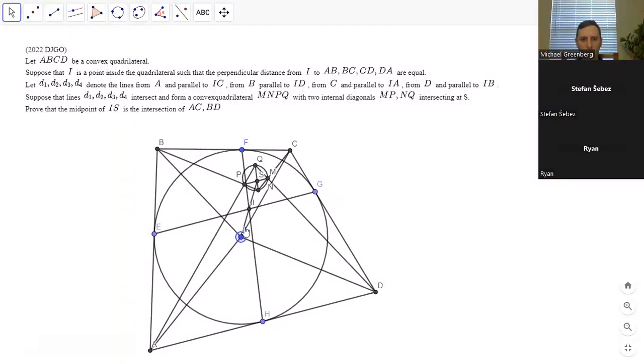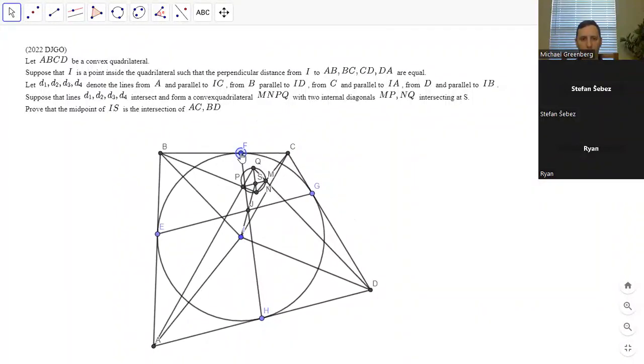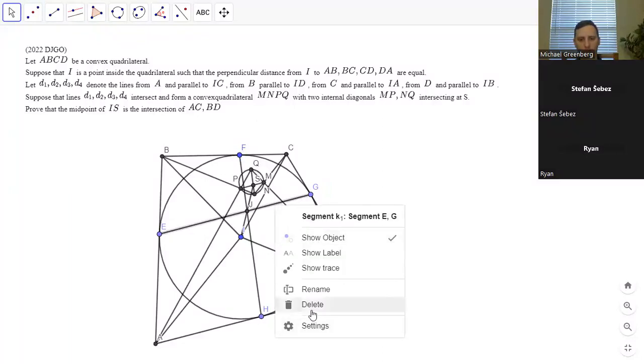That EG, FH, and the diagonals concur. Or maybe that's not Newton's theorem, but that's a true fact in general. Okay. So we could show that instead if we really wanted. Just delete those for now.